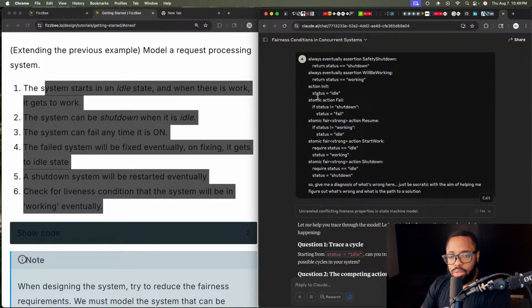and then you can go either back to idle or fail.